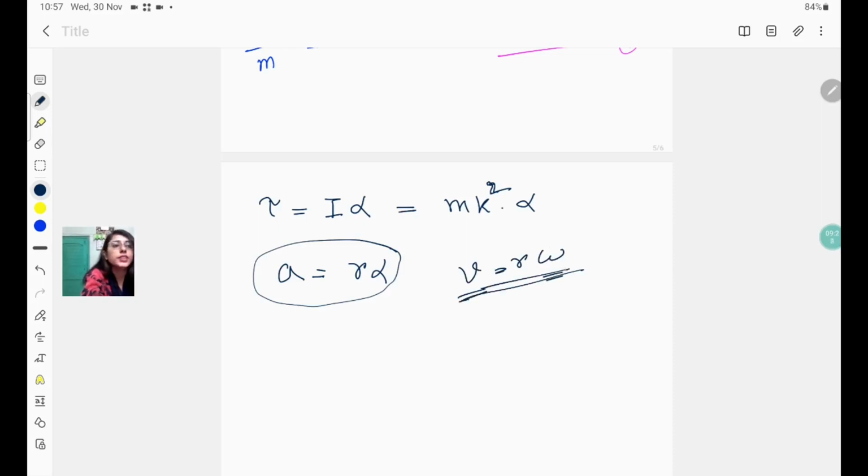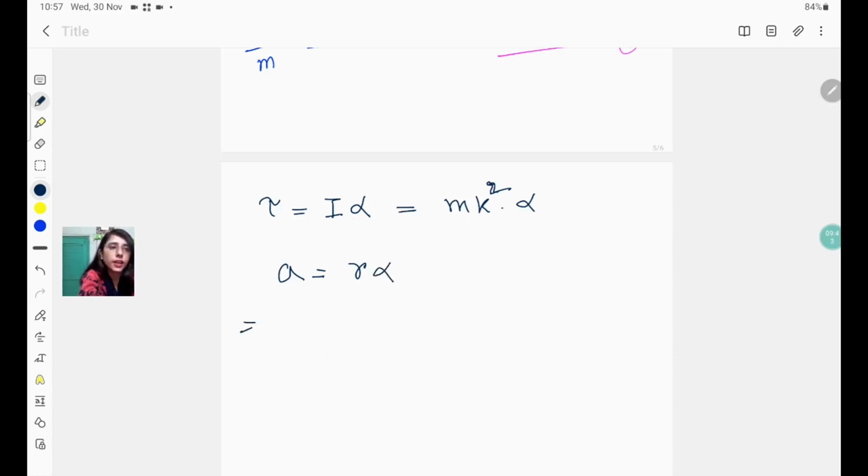Now just differentiate both sides and you will find that linear acceleration is equal to R into angular acceleration. So if we put a is equal to R alpha, then alpha will be a by R. So in place of tau we can write mk square into a by R.